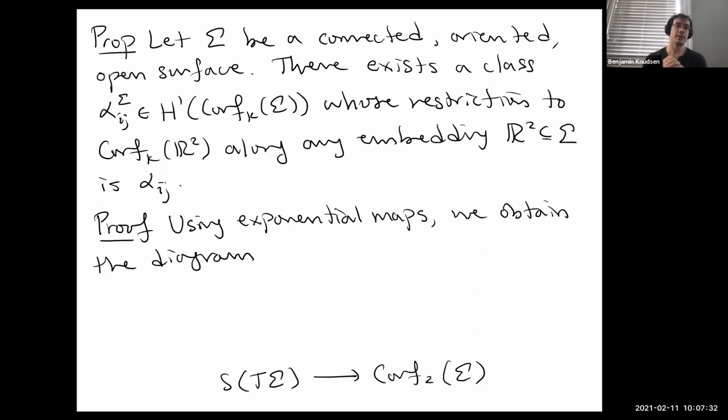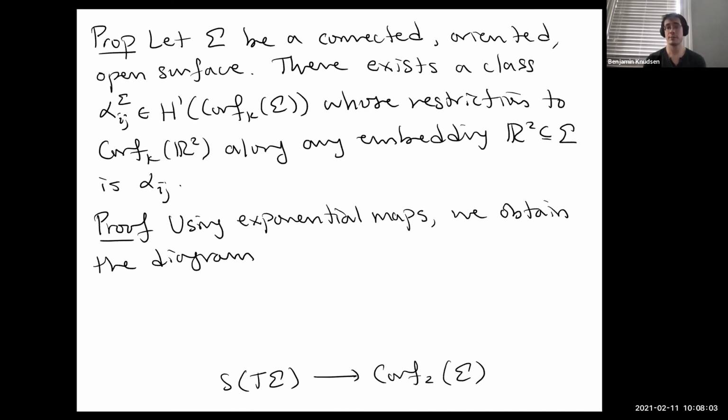And we are in dimension 2, and so alpha ij is equal to alpha ji. So really it's enough to just focus on a particular embedding of R2 into sigma and show that there's some class alpha ij sigma that restricts to alpha ij along that particular embedding.